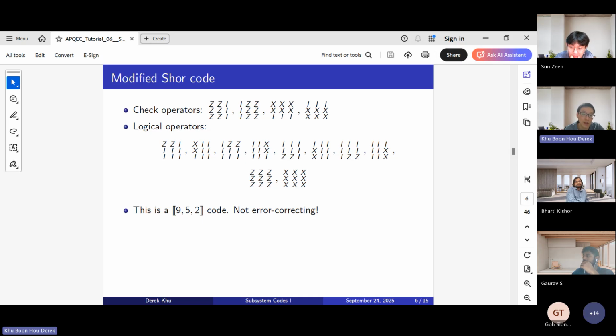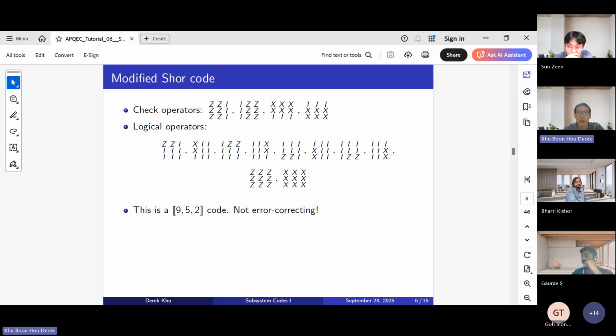And so what is the distance of the code? The distance of the code is the minimum weight of a non-trivial logical operator. You look at all these operators over here, and you see that there are logical operators of weight 2. An operator like this would cause a change in the code.